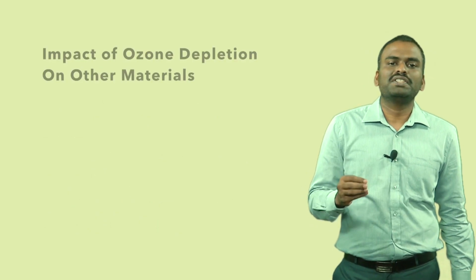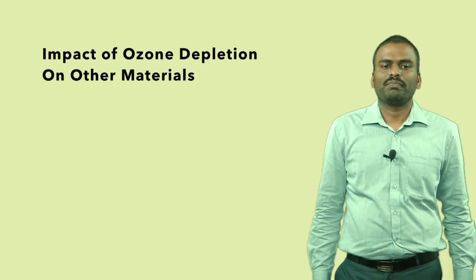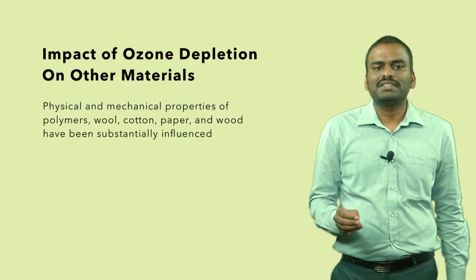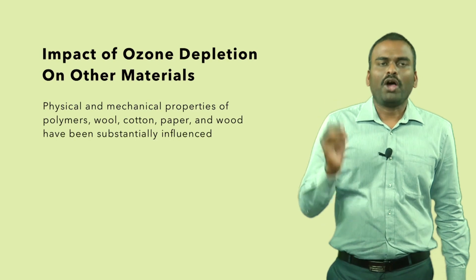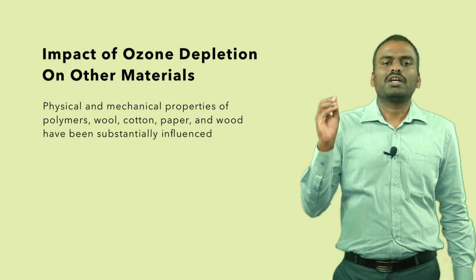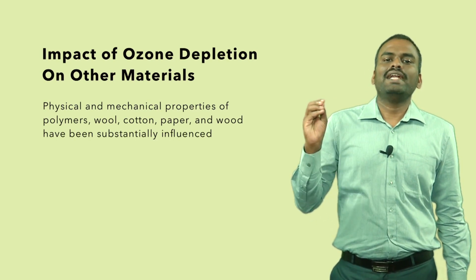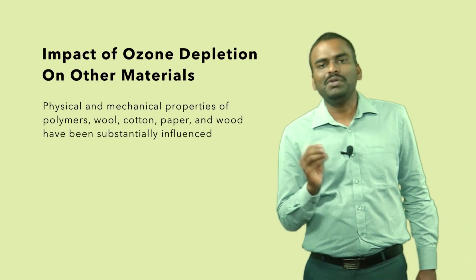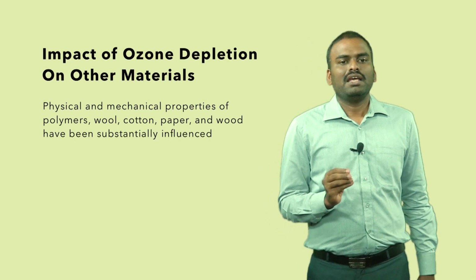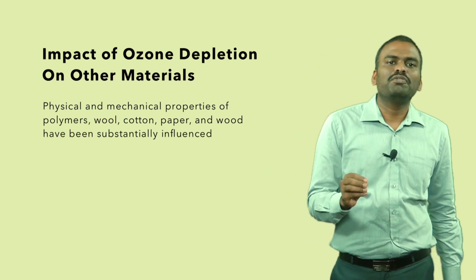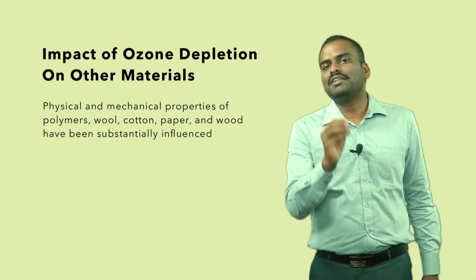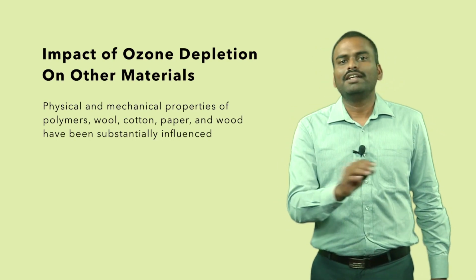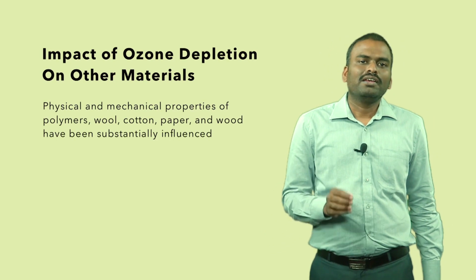Impact of ozone depletion on other materials. Physical as well as mechanical properties of polymers, wool, cotton, paper and other wood have been substantially influenced because of the ozone depletion. However, the exact level of the problems created out of this ozone depletion has not been identified or measured at all.